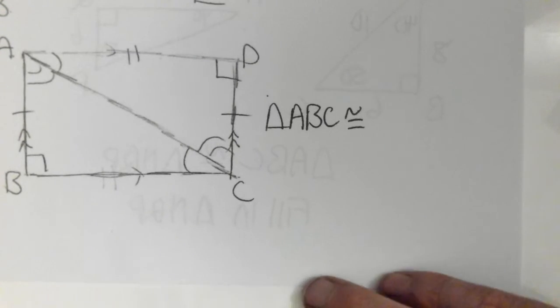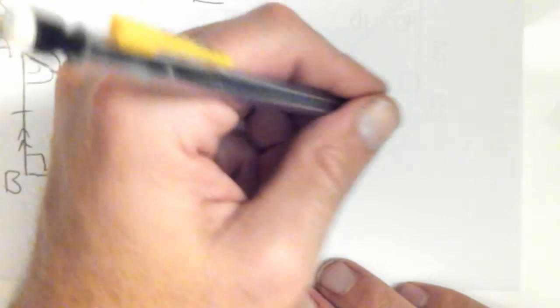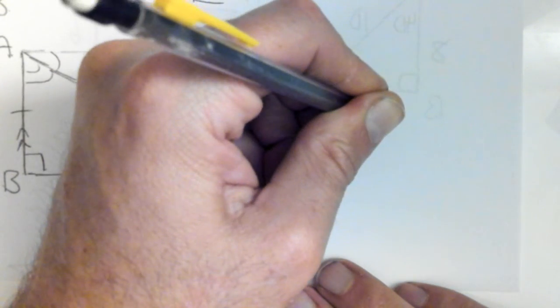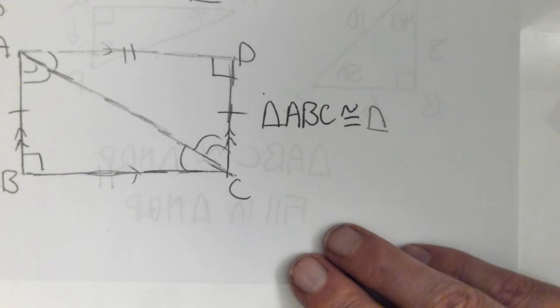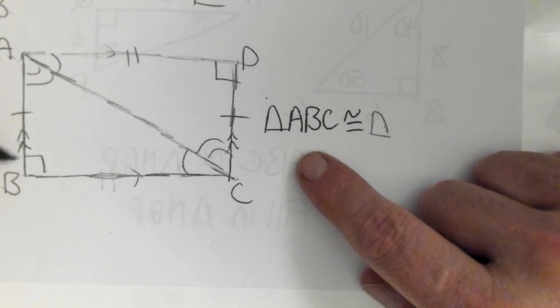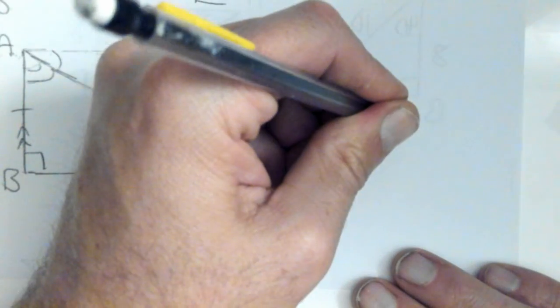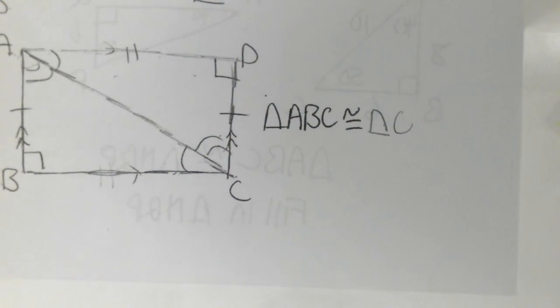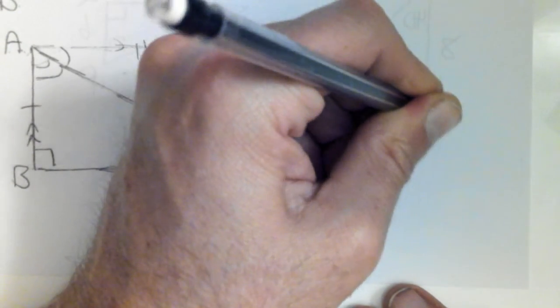And so for this one, I have triangle ABC. It's going to be congruent to another triangle that we're looking at. And so let's start with A. So A in ABC has 2 marks. So which angle over here has 2 marks? It would be the angle C. Alright, so that's C. B now has 90 degrees. He's matched up pretty well with D over here, that's also 90 degrees.